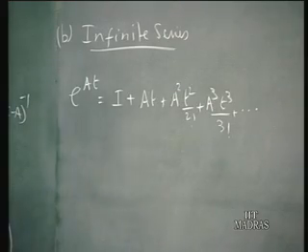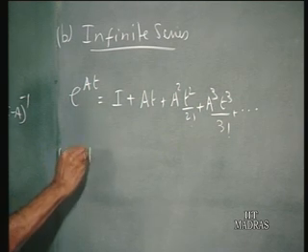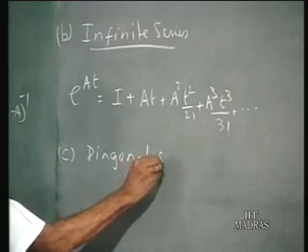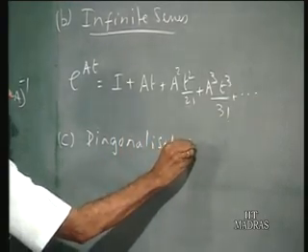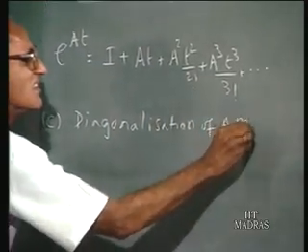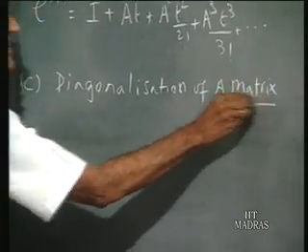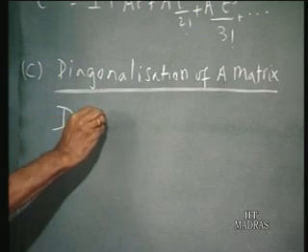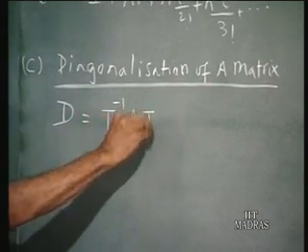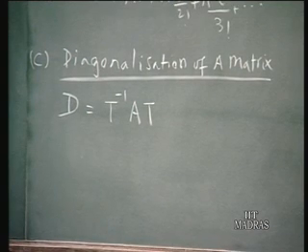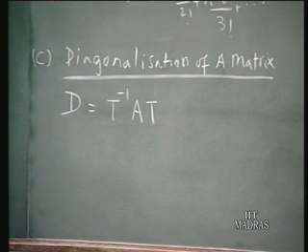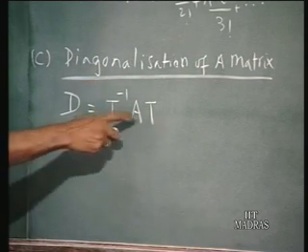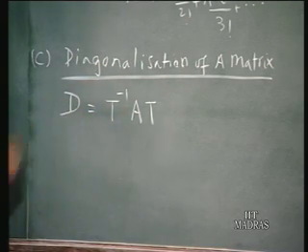Another approach is to diagonalize the A matrix. It can be shown that if you pre-multiply the A matrix by T inverse and post-multiply it by T, where T is a transformation matrix of order n, and you choose a suitable transformation matrix like this, whatever A matrix you get can be converted into a diagonal form.